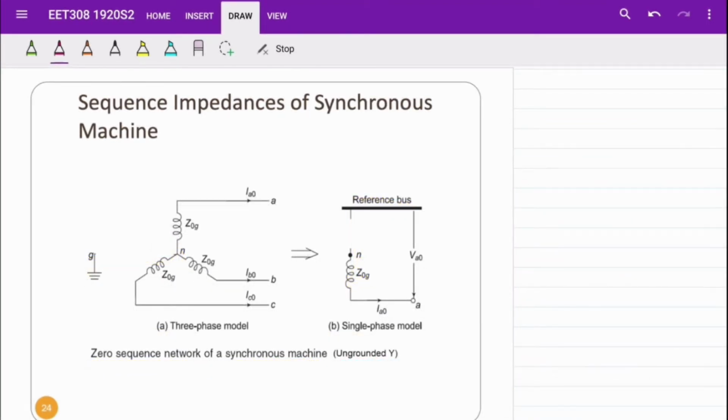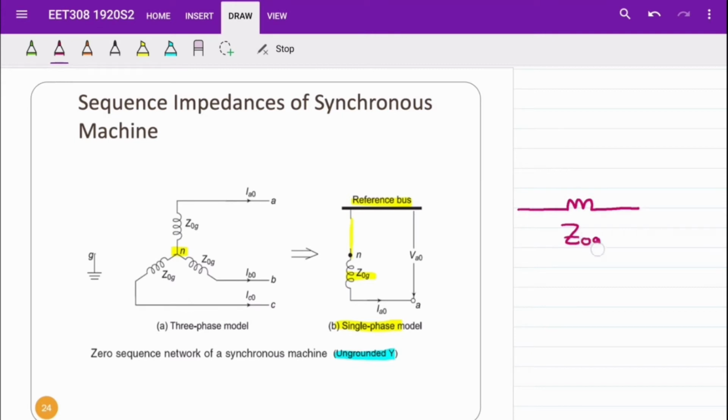The third connection of the zero-sequence network of the synchronous generator is ungrounded Y. For this connection, node N is not connected with ground or impedance Zn, as we can see in figure A. Thus, in the single-phase circuit, the node N will be disconnected from the reference bus as well, but it is connected to the zero-sequence impedance Z0. So we can redraw the single-line diagram like this.